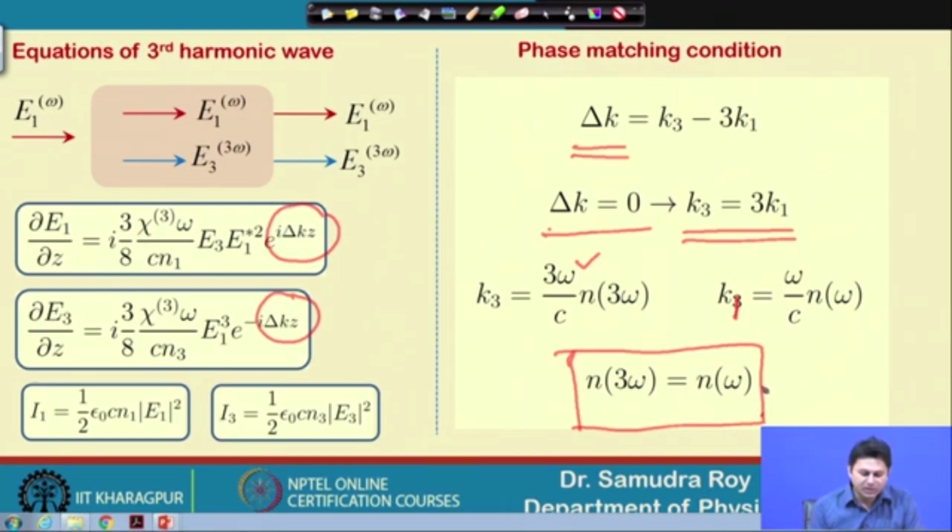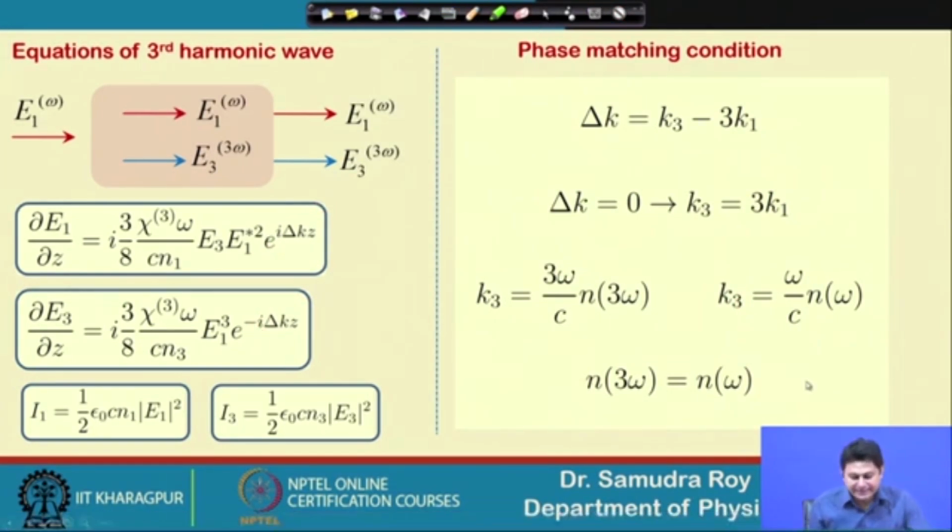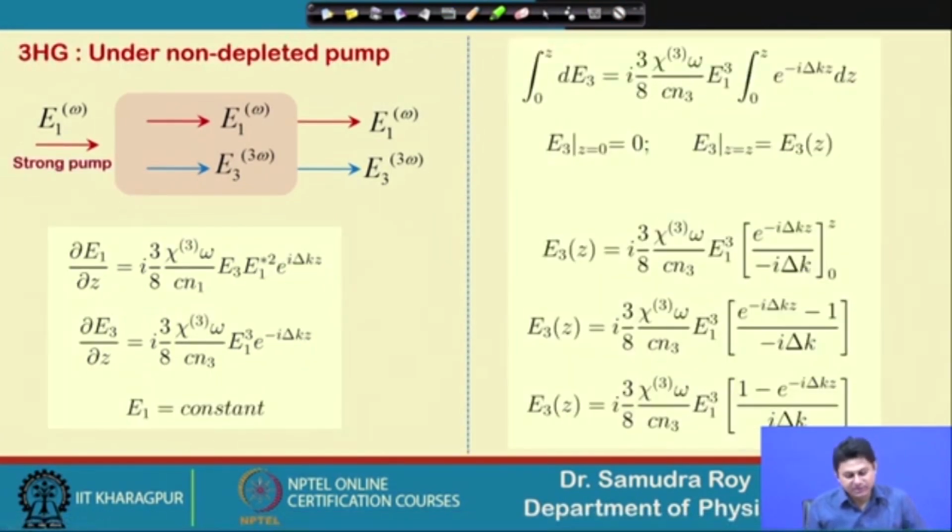So, now we need to find out a way to make n of 3 omega equal to n of omega. Some birefringent process can still make that possible. We are not going to discuss it in detail, because we have already discussed this phase matching issue in the second harmonic generation process.